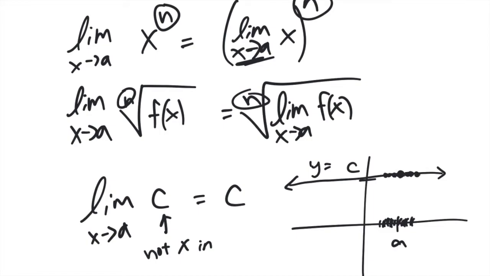And what is the height of that point? Well, it's the same as the height of every other point. The height is c there, so you just get c as your output, saying that as x is getting close to a from the left or from the right, your output is approaching that point right there, which is at the same height as all of them. So again, this shouldn't feel like rocket science at this point, but it is good to think about, hey, what happens if I have a constant in there?